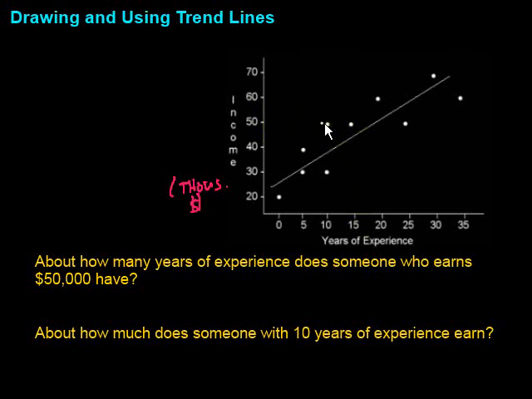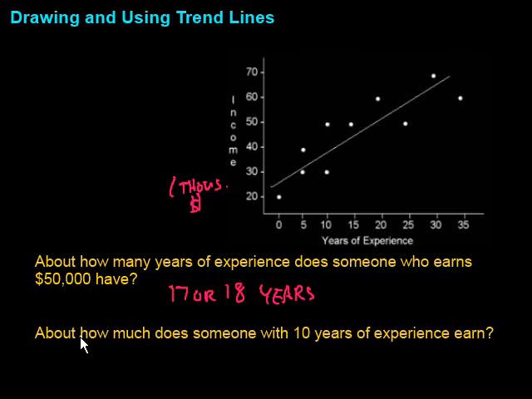So go to your line because that's the trend. And if we shoot down here, it looks like probably somewhere between 15 and 20, maybe a little bit closer to 20. So it appears maybe 17 or 18 years of experience would get the person to earn about $50,000. Okay, so based on our data and that trend line, that's what it appears would be the case.